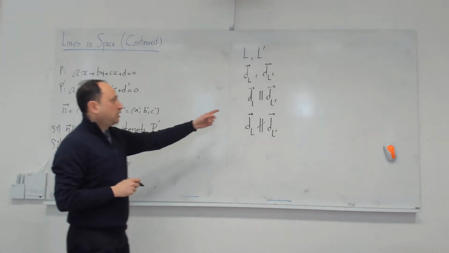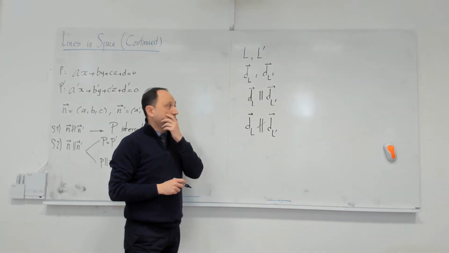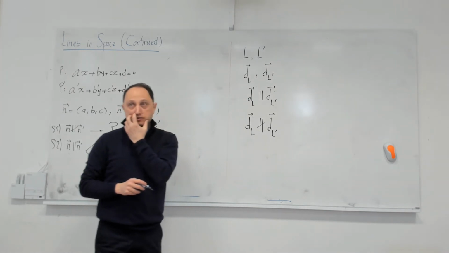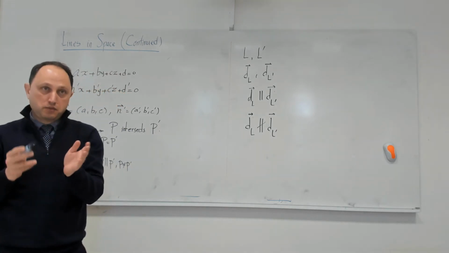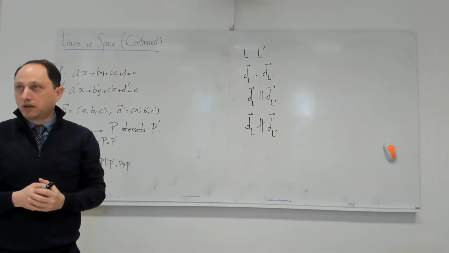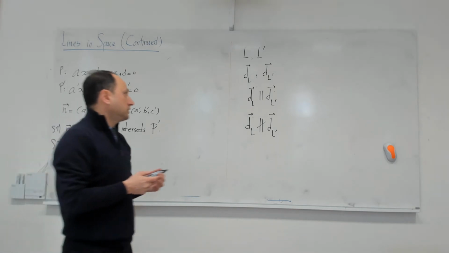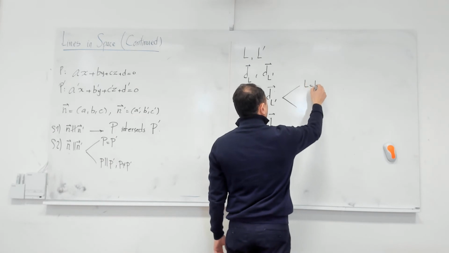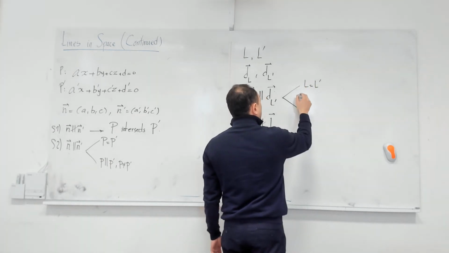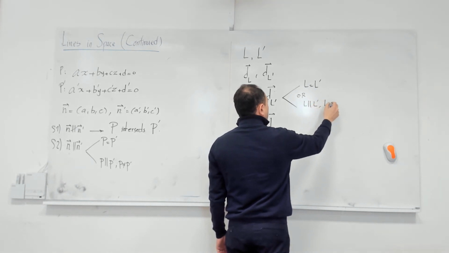If dL turns out to be parallel to dL prime, how many possibilities might there be? Two, yes? Because they might be exactly the same lines, or they might be parallel. So either L is exactly equal to L prime, or L is parallel to L prime but not equal to it.